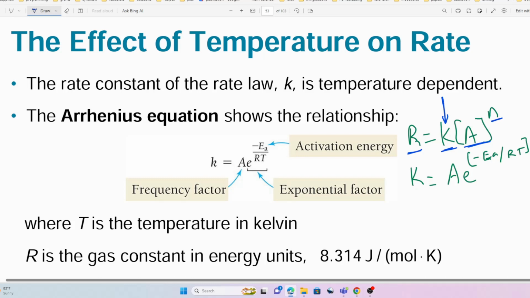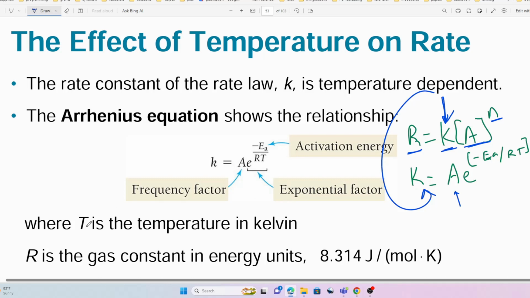So this is the k we're talking about. This k can be broken down further to be related to temperature by A times e to the negative Ea over RT. And we're going to examine what each of these components means in just a minute.